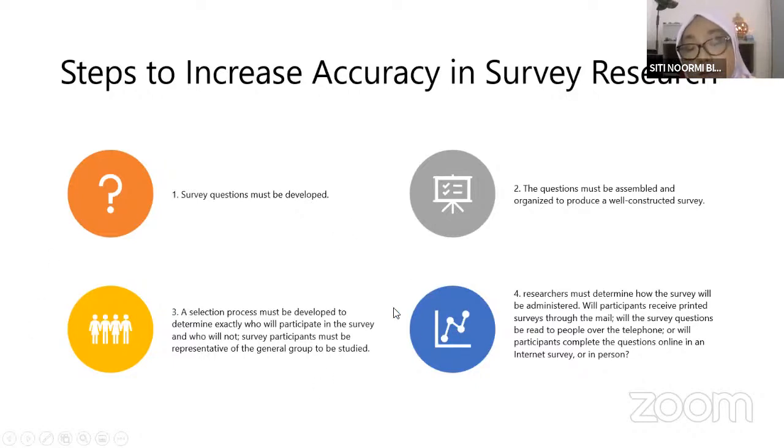If you conduct quantitative research, one of the main intentions is representativeness or generalization, so care must be given in the selection of your respondents. Then the researcher must determine how the survey will be administered: through a printed survey, a telephone call, online in an internet survey, or in person.